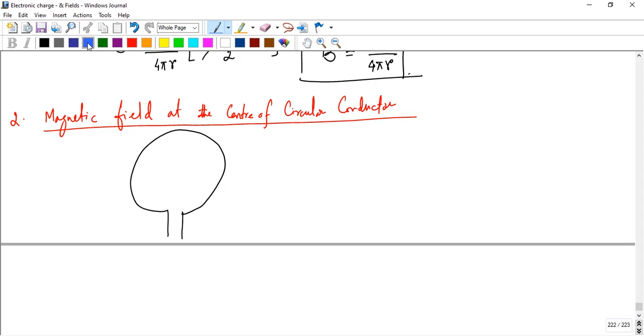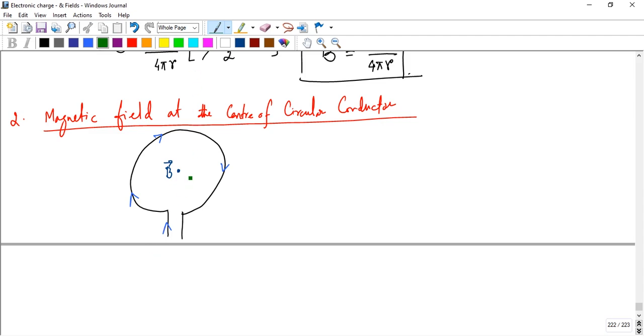That's the assumption. Now the current direction is, suppose, in that direction. So we calculate the magnetic field at the center of the circular conductor, here. B.